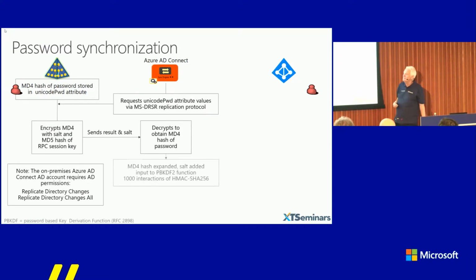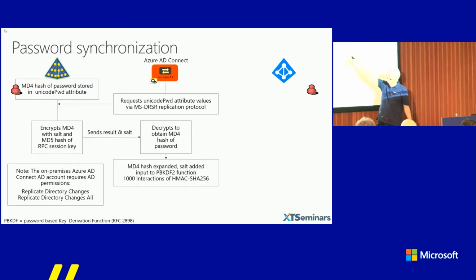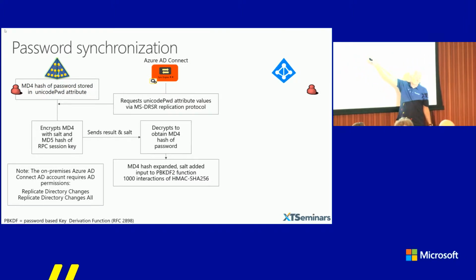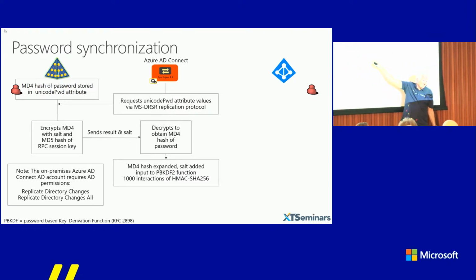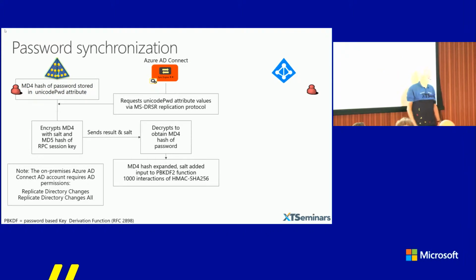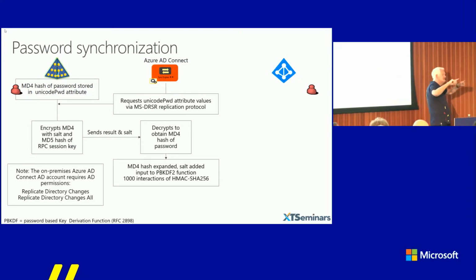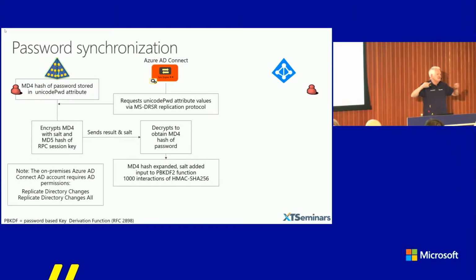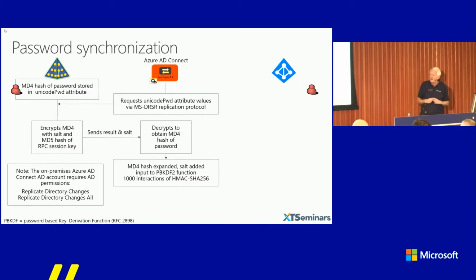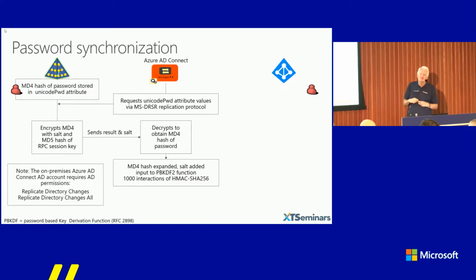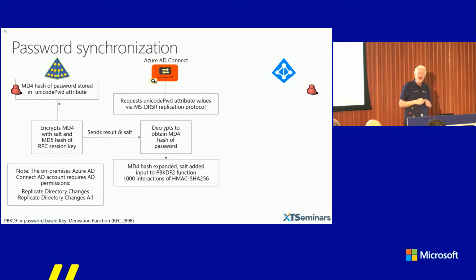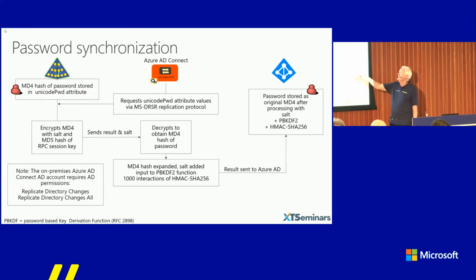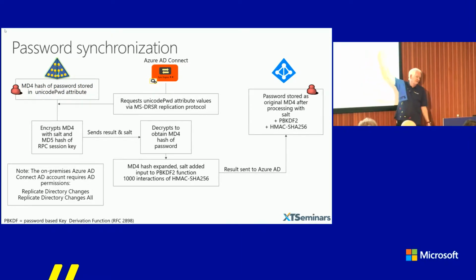The next thing that happens is this guy gets the MD4 back, right? Having got the MD4 back, it expands it, it salts it, and then it puts it through 1,000 iterations of HMAC SHA-256, right? And then it sends it up, and that's what gets stored, okay?